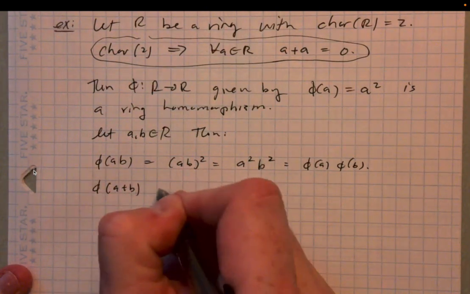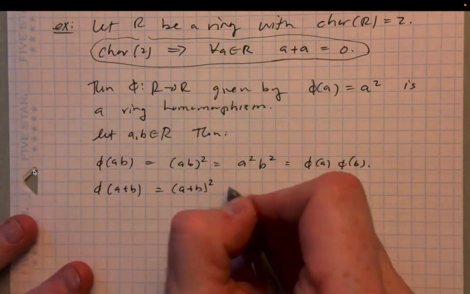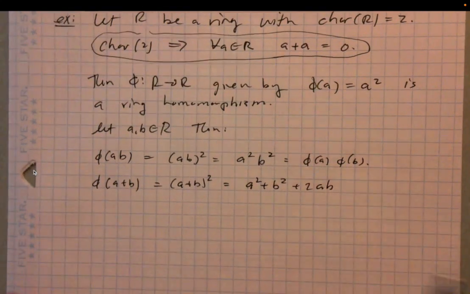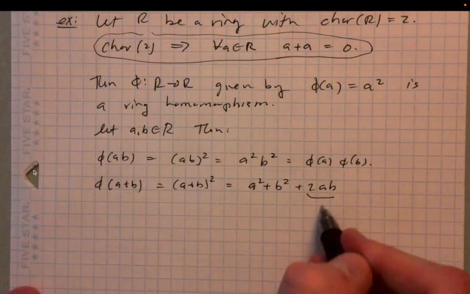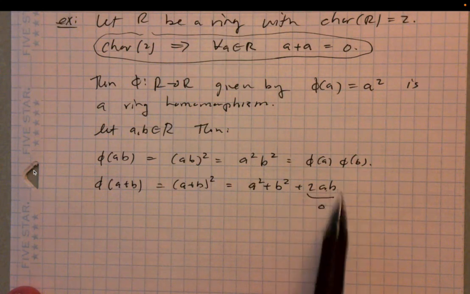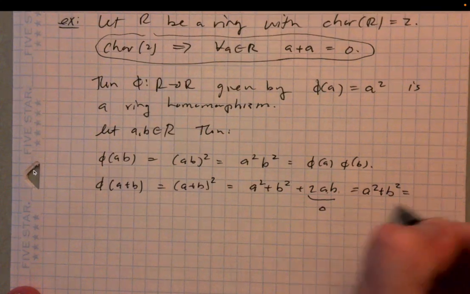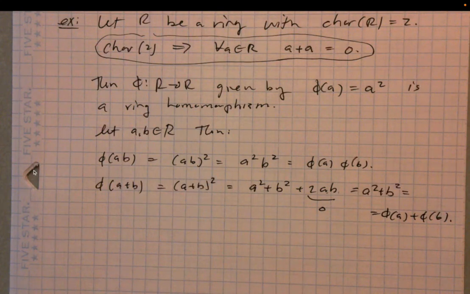A plus B. Well, that's (A plus B) squared, right? And when we square that out, we get A squared plus B squared plus 2AB. And because the ring has characteristic 2, this thing here is 0, right? 2 times A is 0, 2 times B is 0, because A and B are both in the ring. And so this is just A squared plus B squared, which is, of course, phi of A plus phi of B. Perfect, right? So that's why it works. That characteristic equal to 2 makes the addition property work.